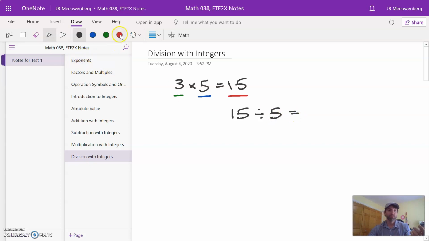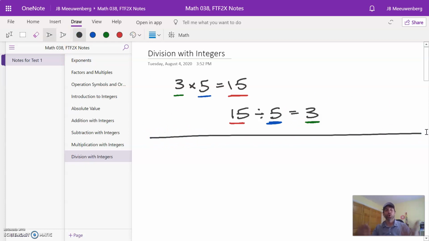We're just going to work it backward from what this answer was, divided by this number, 5, and we're going to get what we started with, the first number, 3. So division undoes multiplication. 3 times 5 equals 15. 15 divided by 5 equals 3. And so we're going to use that idea to show what happens when we start working with negatives.